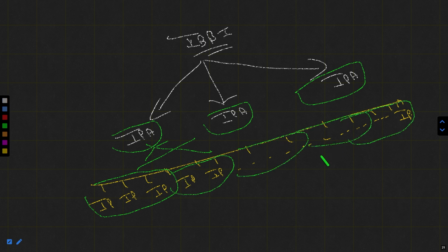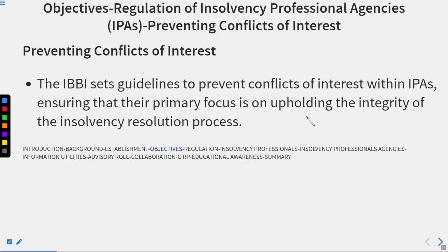So it is the responsibility of the IBBI to ensure that conflict of interest should not be there. It means it is to be ensured by the IBBI that their prime focus is to uphold the integrity of the insolvency resolution process, not on safeguarding their interest. Got it? So this is the term preventing conflict of interest. Now let's move forward.